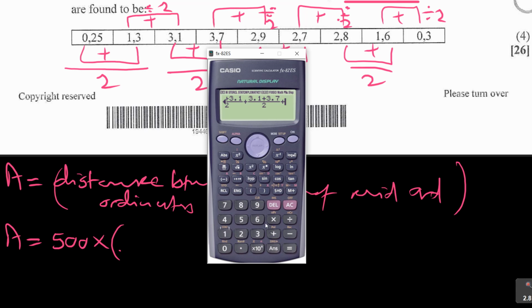Continue, plus, now it is 3,7 plus 2,9 over 2. You continue plus, it's 2,9 plus 2,7 over 2, plus, you repeat again, it's 2,7.